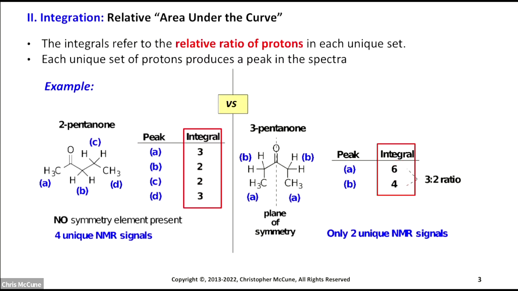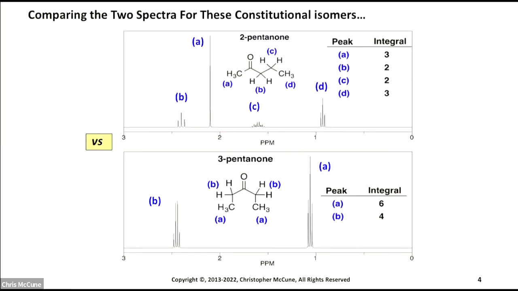And then it sets all of the other ones relative to that. So that's just a little bit of a tidbit about integrations. It's a ratio of the number of hydrogens in one peak relative to the number of hydrogens in the other peak.